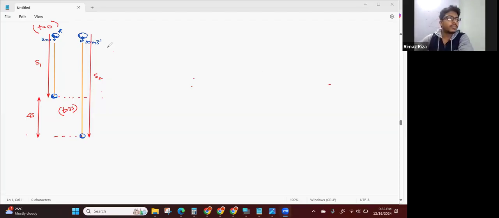Okay, I'll do this. First, let's say this ball is A and this ball is B. For the A ball, I can apply downward S equals ut plus half at squared. So S1 is equal to 0 plus half into 10 into 3 squared.